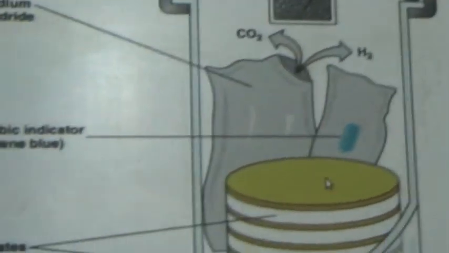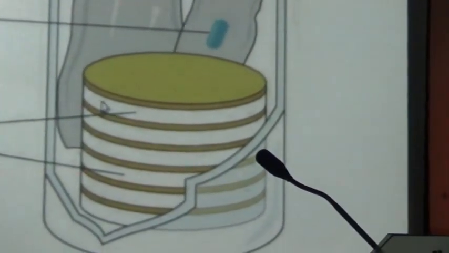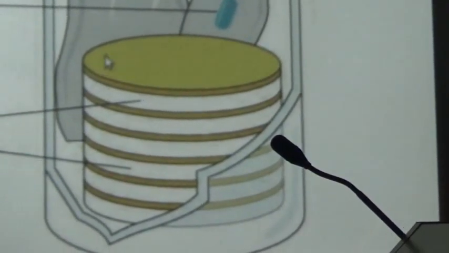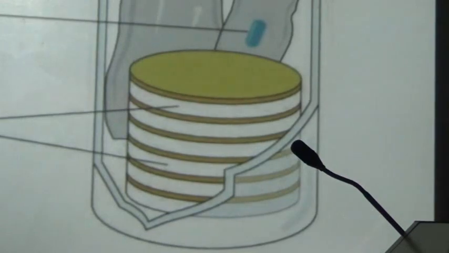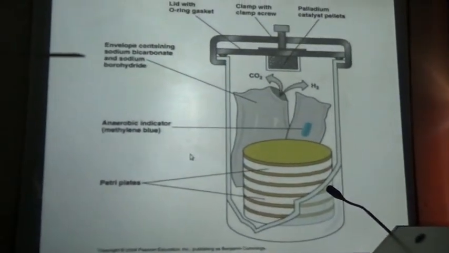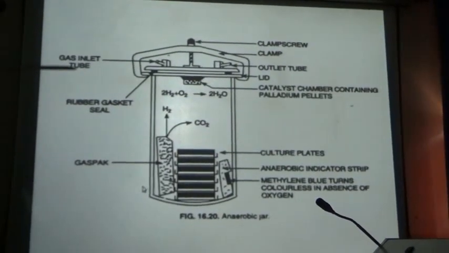So all these plates which are kept inside the gas pack jar are inoculated with the specimen, and if the anaerobic bacteria are there, they have the suitable anaerobic environment to grow and multiply and make colonies. This is the same thing which has been shown again.